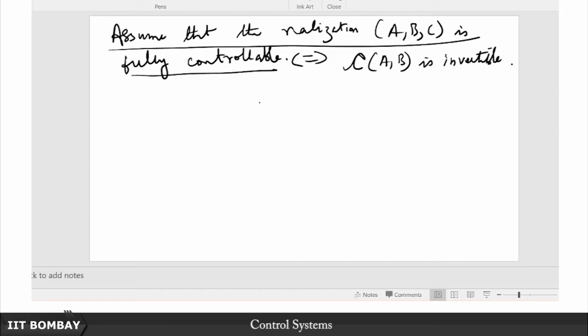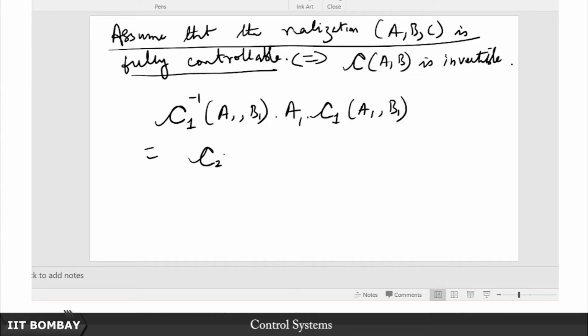Now observe, we have already laid the foundations for this. Note that we have already seen that if you take two realizations of the same transfer function, then this expression in terms of C1, A1, B1 will be the same as the one in terms of the second realization A2, B2.